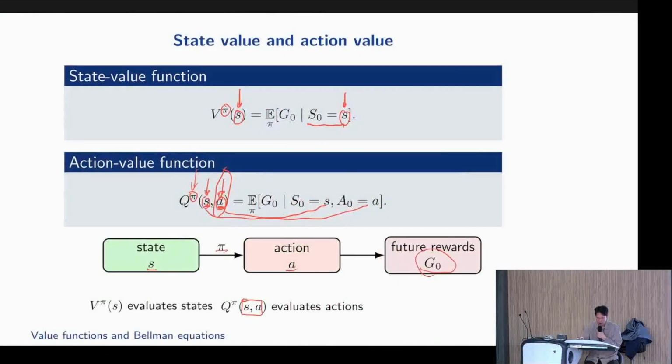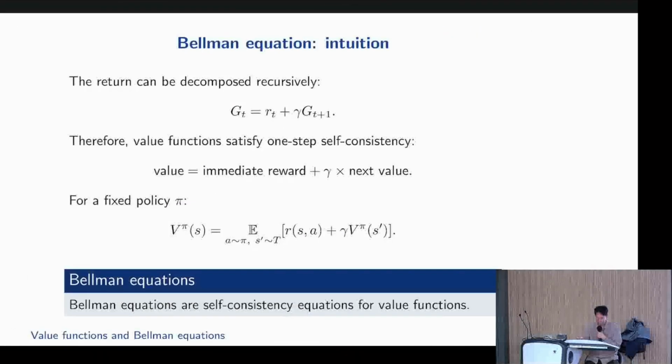That's the definition of return. This return can be decomposed recursively. G of t, or return of t, is the immediate reward R_t plus the discounted future return, the one-step future return, just by definition.